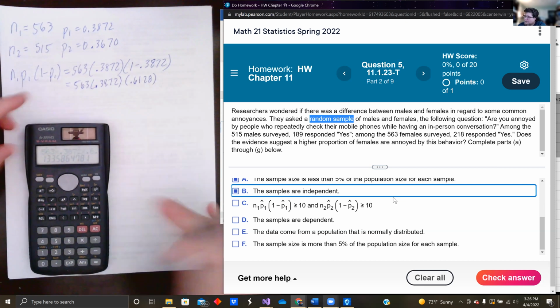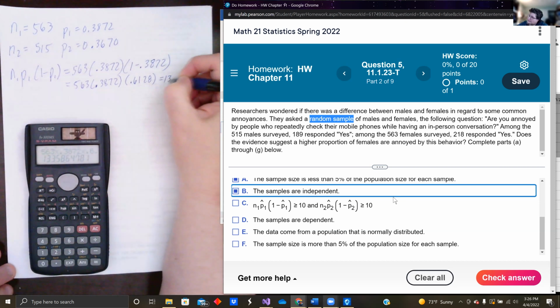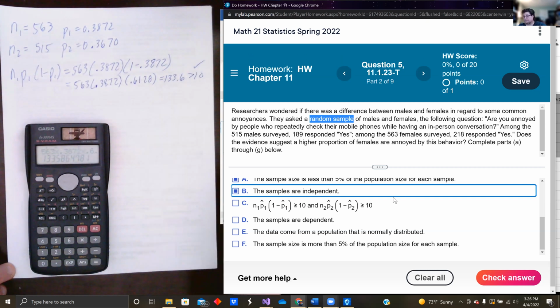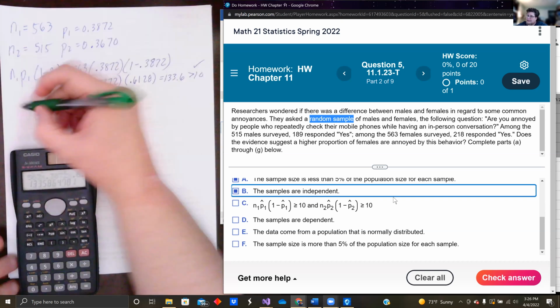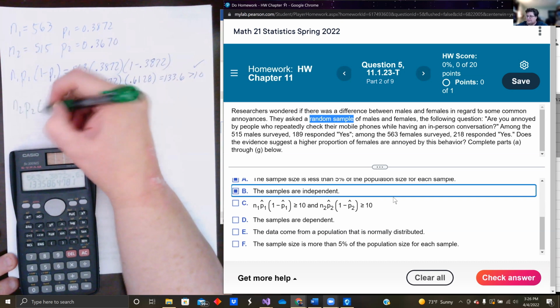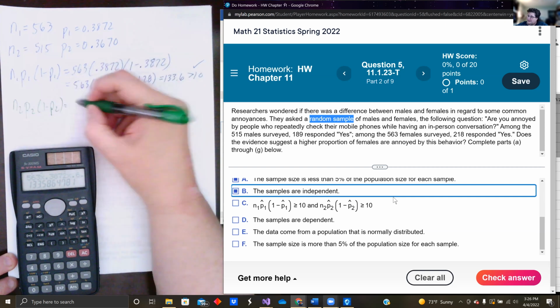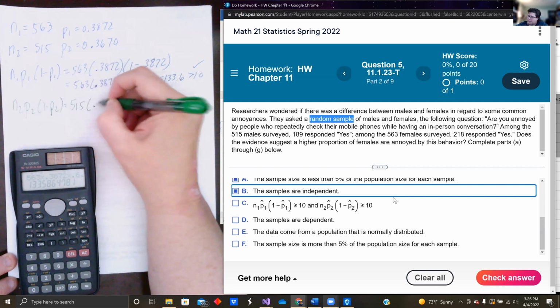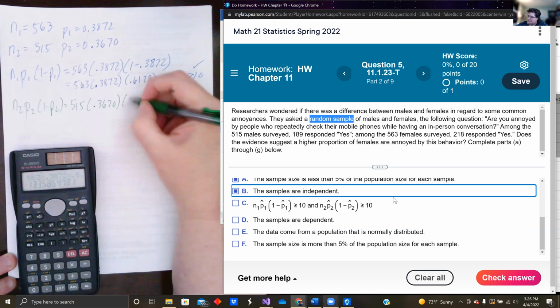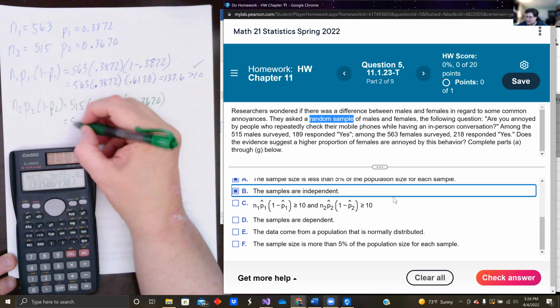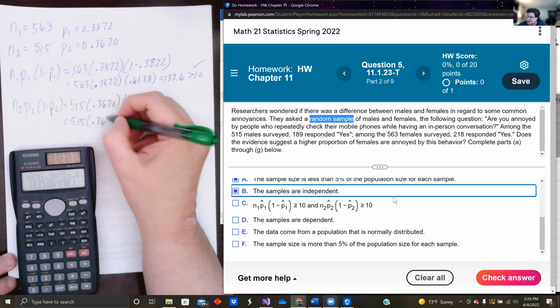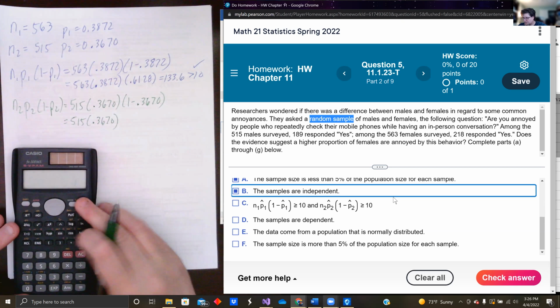That's 133.6, and that's definitely greater than 10. Bam. We'll check n2, p2. n2 times p2 times 1 minus p2: 515 times 0.3670 times 1 minus 0.3670. Again, I'll do that sub-step, where if you don't have parentheses, it's good to do.